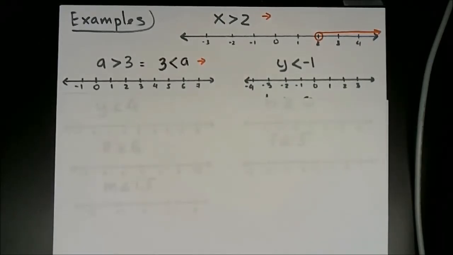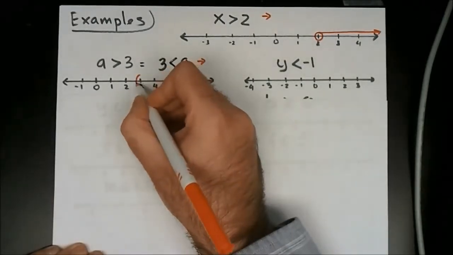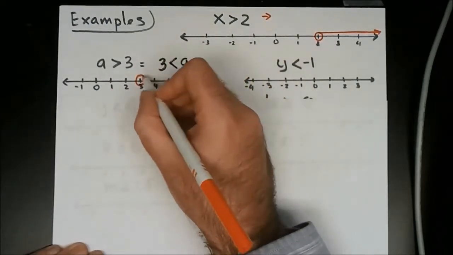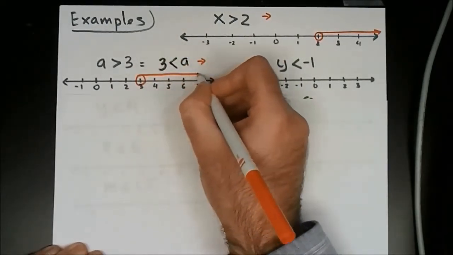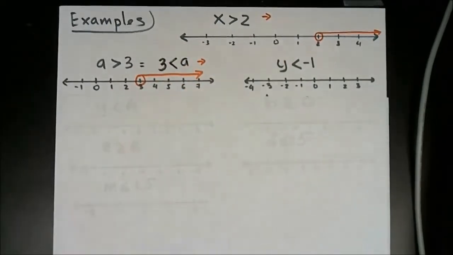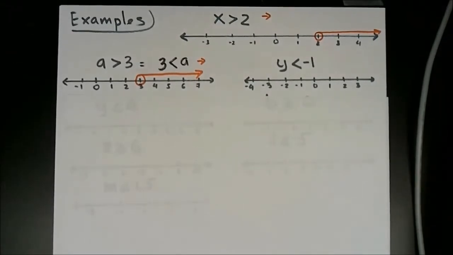A is not equal to 3 at this point. So open circle or closed circle at the 3? Open circle, heading in the right direction. That's it, you're done. Any questions?